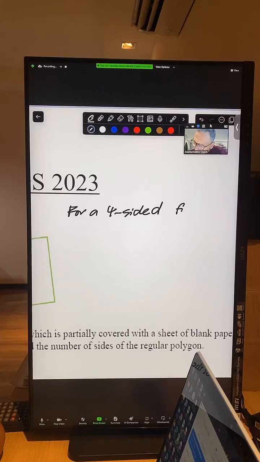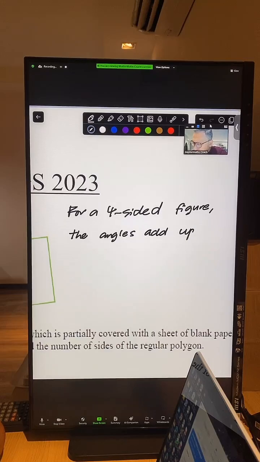For a four-sided figure, the angles add up to 360 degrees. Okay? For a triangle, the angles add up to 180. But for a four-sided figure, it adds up to 360. Okay? What is a four-sided figure known as? It is known as a quadrilateral.